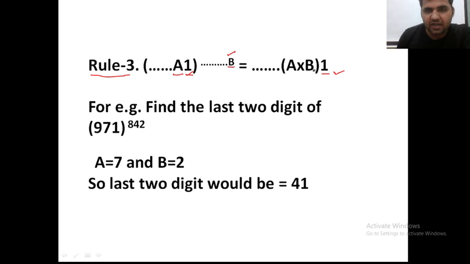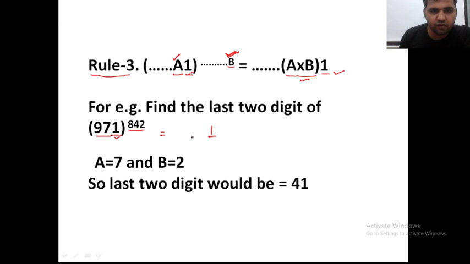Now if you want to talk about the tens place of this complete number, the tens place digit would be the multiplication of the tens place of this number with the unit digit of the power. Just multiply the tens place of the number in the bracket with the unit digit of the power, and that product will become the tens place digit of the number. For example, if you want to find the last two digits of 971 power 842, the unit digit is 1, so 1 will be the last digit.